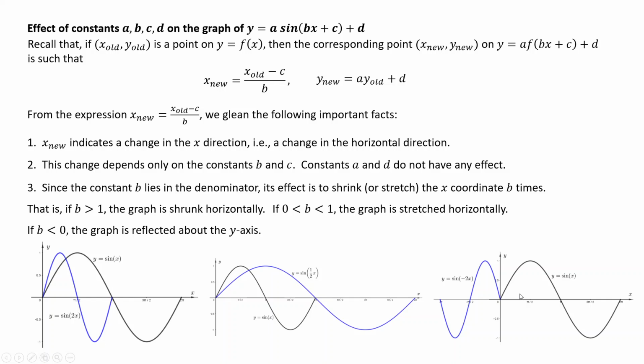If b were to be, say, -2, again the shrinking and all that would happen. So for instance, I have shown you the graph here. Y equals sine x. Y equals sine of -2x not only is reflected about the y-axis, but because that value is 2, it got shrunk by 2 times. So 0 to 2 pi became 0 to -pi, or -pi to 0. Right? That's the idea.